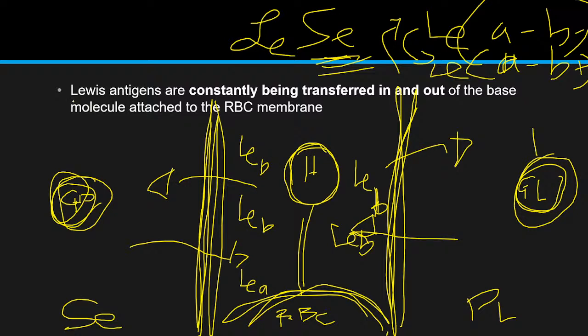That's why it is important to discuss the Lewis antigen, because they will ask you in the board exam which of the following antigens are constantly being moved about in the secretions and in the plasma. You have to remember that the Lewis antigen is the only blood group system that is capable of constantly being moved in and out of the secretions, the plasma, and the RBC membranes. Understood? So in real time, your RBCs are constantly changing their blood types.